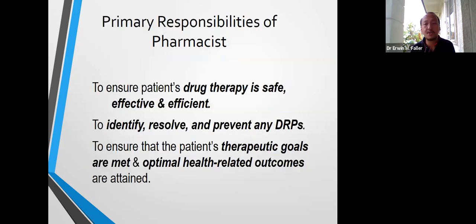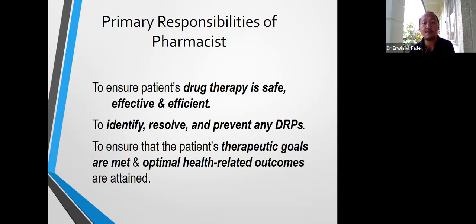There are also primary responsibilities of a pharmacist. These are to ensure the patient's drug therapy is safe, effective, and efficient, to identify, resolve, and prevent any drug-related problems, and to ensure that the patient's therapeutic goals are met and optimal health-related outcomes are attained.